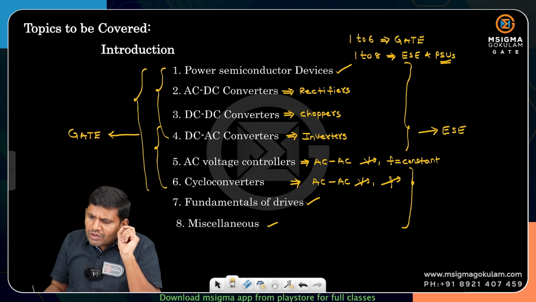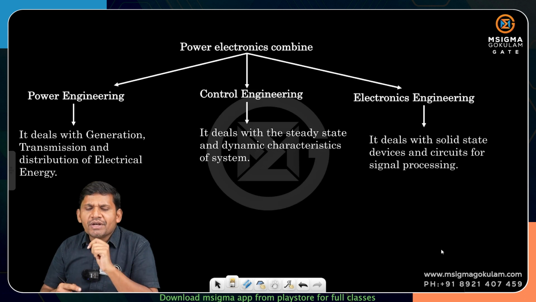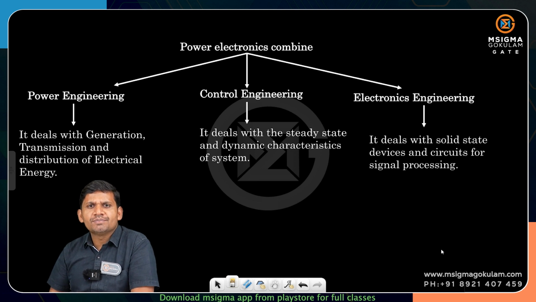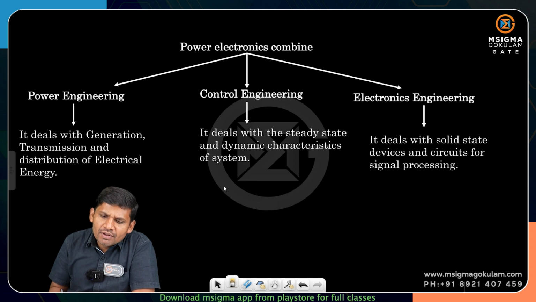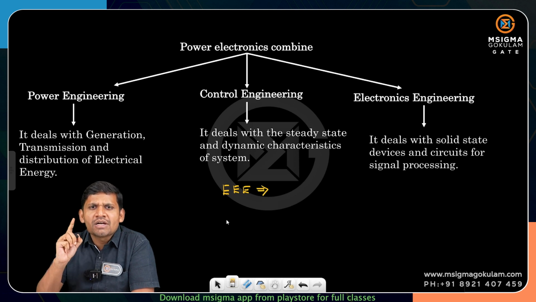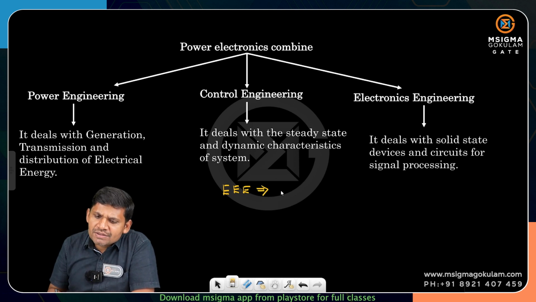Okay. Now we will start with some introduction with respect to power electronics. Students, we know that electrical and electronics engineering, whether you are studying EEE, or have studied or completed EEE, is divided into 3 parts of specializations. One is power engineering.